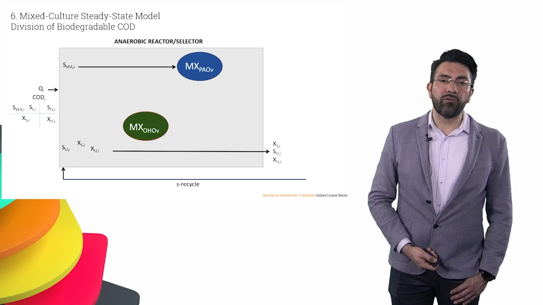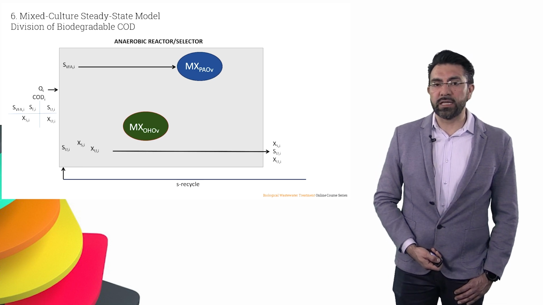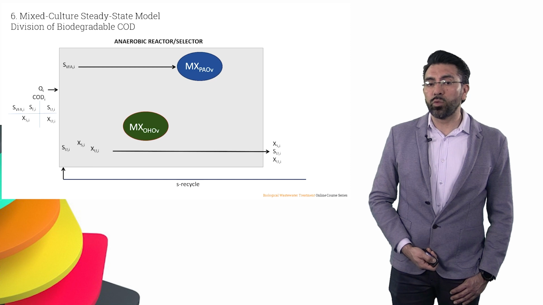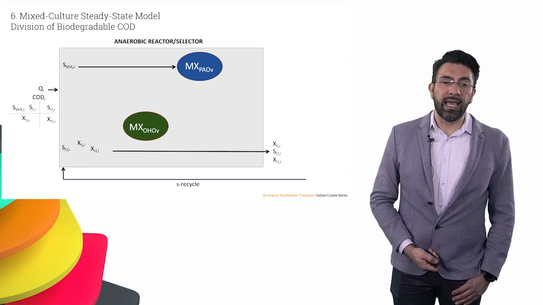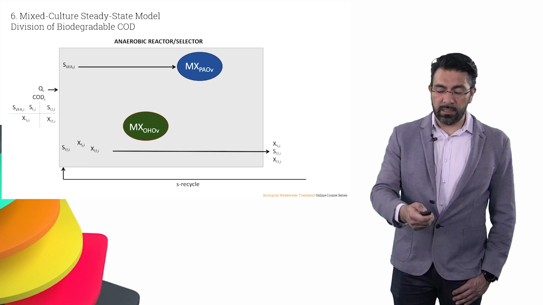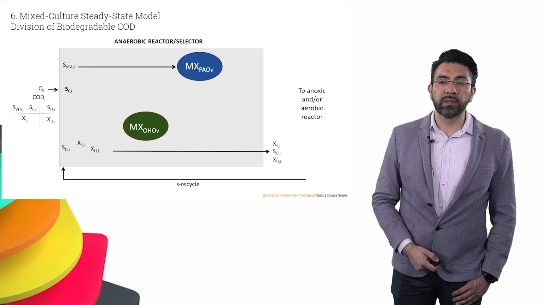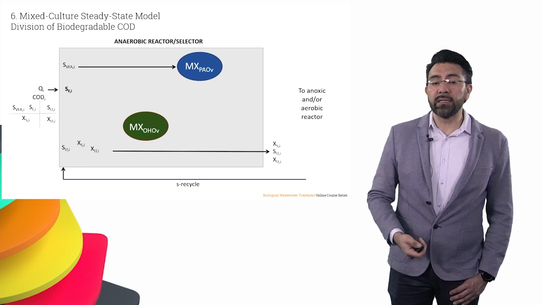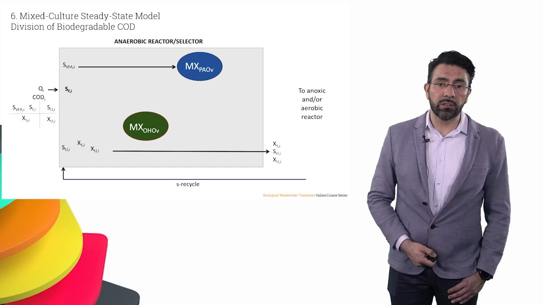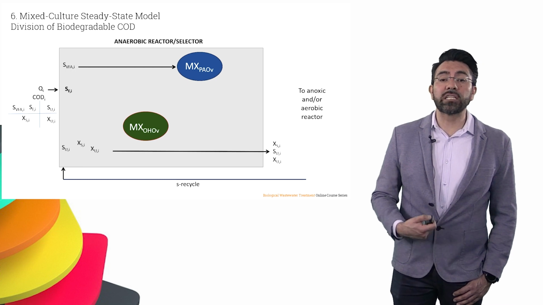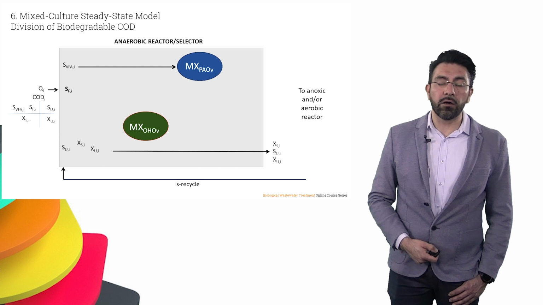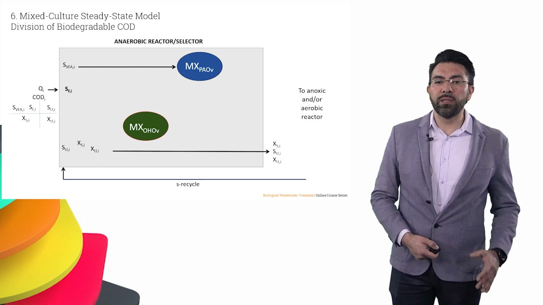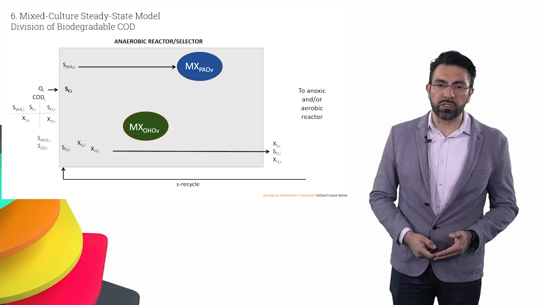As you can see, we have already talked about 4 different elements, and we are only left with one of them, the fermentable COD, SF subscript I. This element, SF subscript I, will get into the anaerobic reactor. Now this is going to be subject to the different microbial conversions, but we need to understand a little bit more about how this system works.